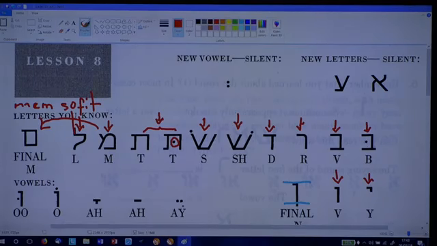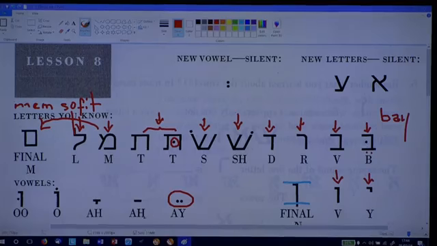Vowels. Place a vowel under a letter, and now you can pronounce the consonant. So if we put this, which is called a tire, this sounds like A-Y. This would be pronounced bay. These two are ah sounds.